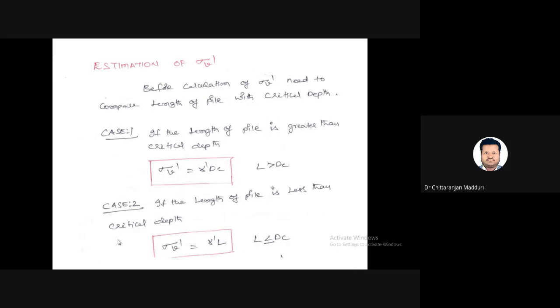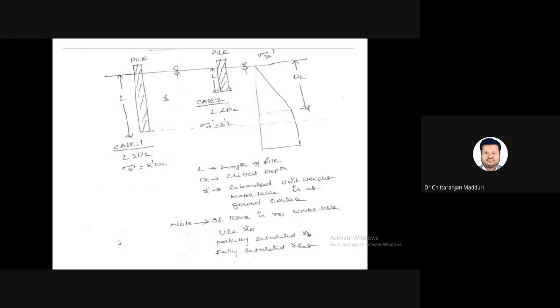Now, estimation of sigma v dash based on critical depth. We will have two cases. Case 1 is when the length of the pile is greater than critical depth. Critical depth is small, the length of the pile is more.